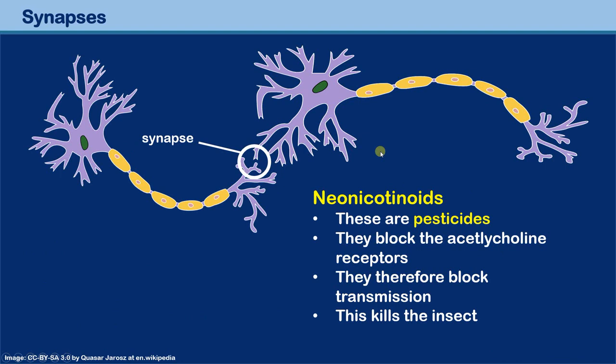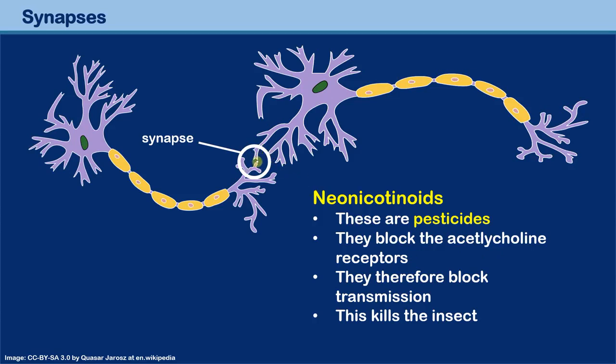The fact that chemicals are involved here is quite useful for certain pesticides, and pesticides kill insects to protect the plants. There is a category of pesticides called neonicotinoids. Okay, a tongue twister. What they do is block the acetylcholine receptors on the dendrite.